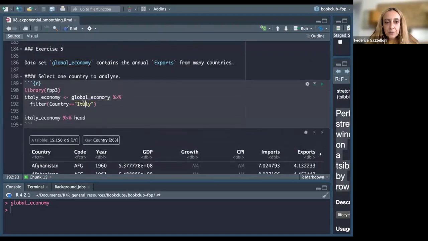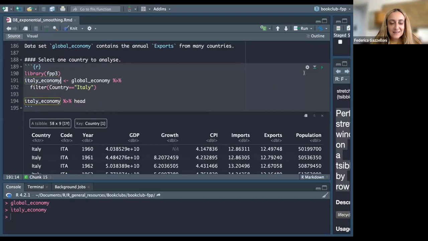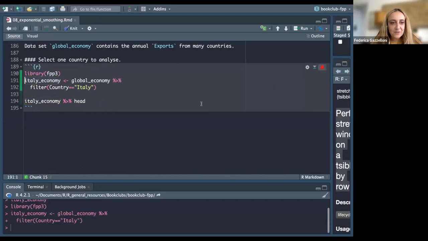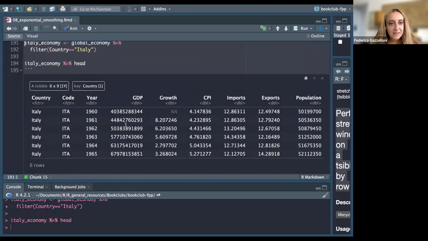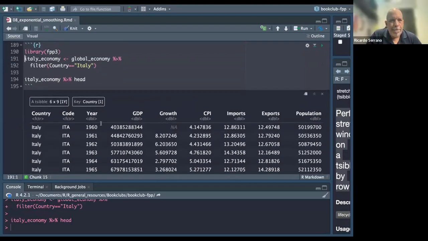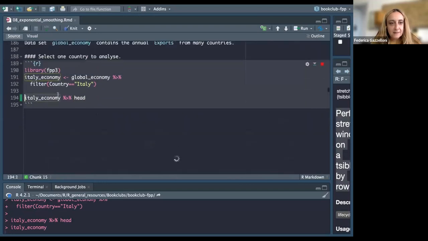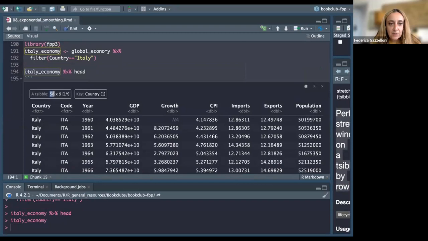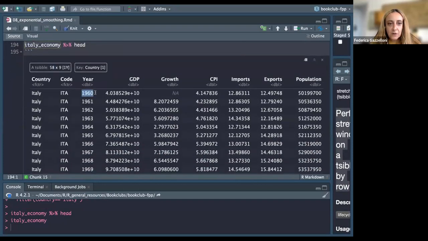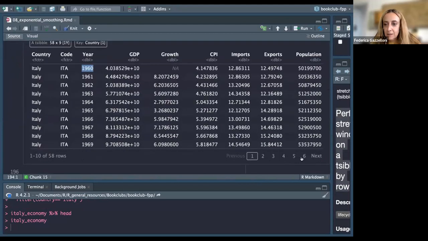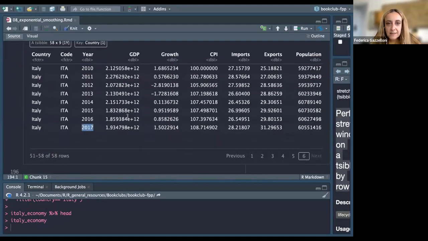I've chosen Italy as a country, so I filtered my selection by Italy. Let's run that again just to be sure, because I reviewed those things a couple of times. So this is Italy, just the head, the first 6 observations, but in total we have 58 observations for Italy, from 1960 to 2017.